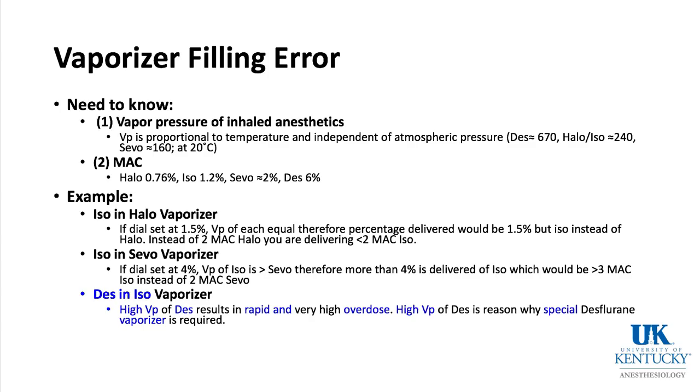What if you put desflurane in an isoflurane vaporizer? The high vapor pressure of des results in rapid and very high overdose, and again, that high vapor pressure of desflurane is why we have to have the special desflurane vaporizer to be able to accurately deliver desflurane.